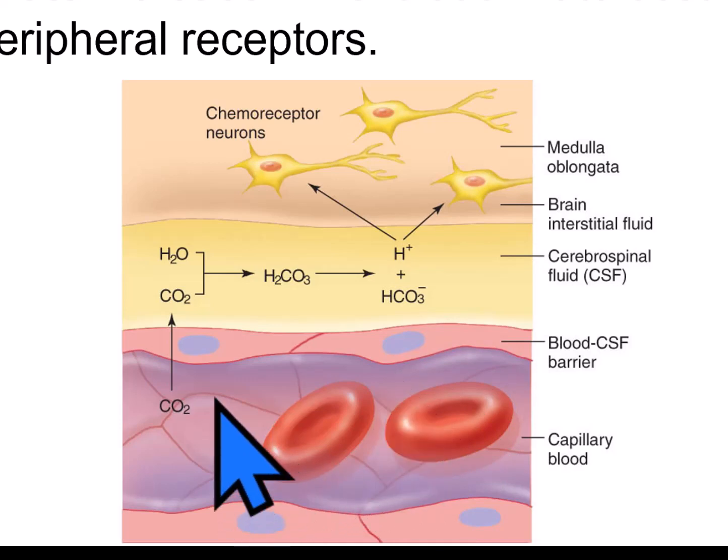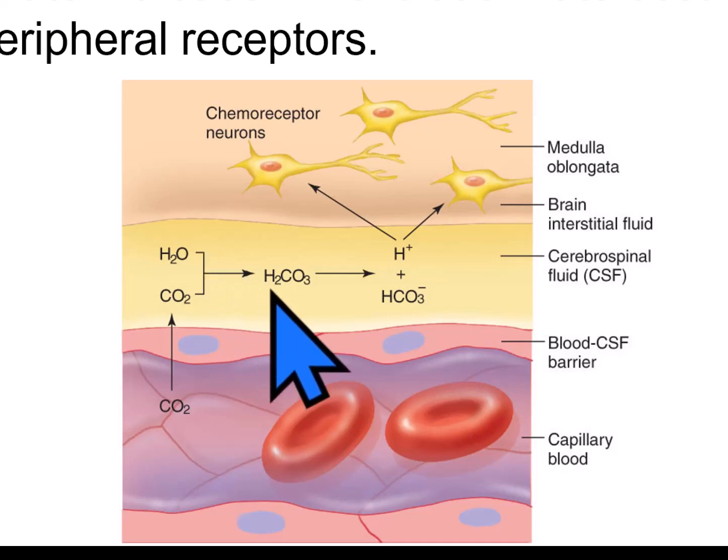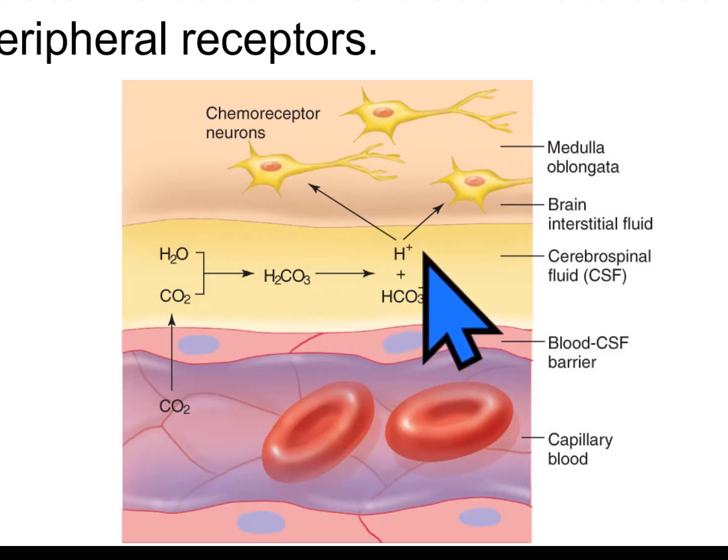Well, when that carbon dioxide comes into the cerebrospinal fluid, it's going to react with water and be converted over to carbonic acid. That carbonic acid is going to dissociate into bicarbonate and hydrogen ions. These hydrogen ions can go into the medulla oblongata, where you have those central chemoreceptors, and then that can adjust breathing rate based on the hydrogen concentrations.